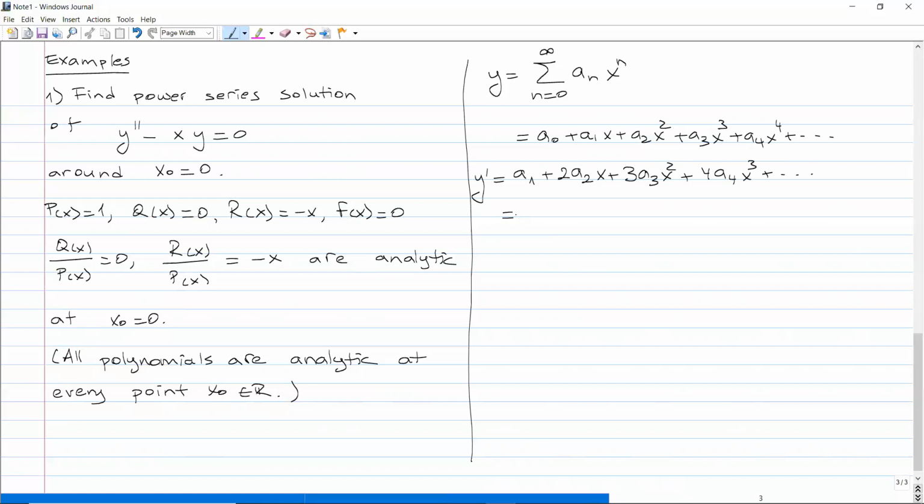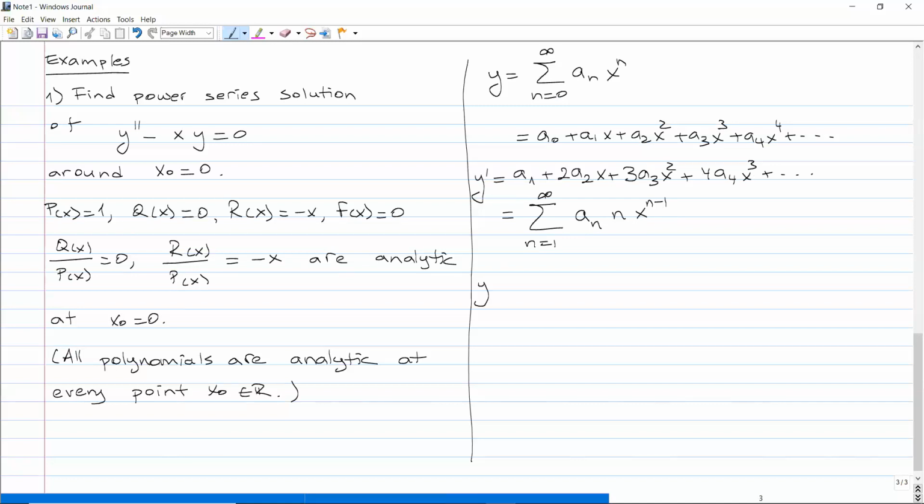In summation notation, since the first term is constant, the new sum is going to start from 1 to infinity: a_n times n times x to the n minus 1. If you substitute the values of n, you get the expansion above.